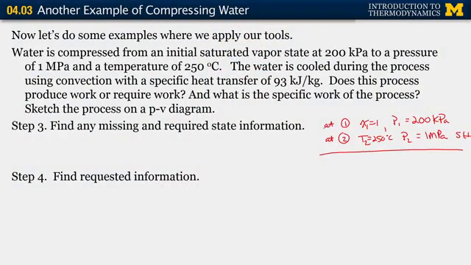So you would take this information and look up the specific internal energy, and you would get a value of 2,587.9 kilojoules per kilogram for state 1, and for state 2, you would get a value of 2709.9 kilojoules per kilogram.